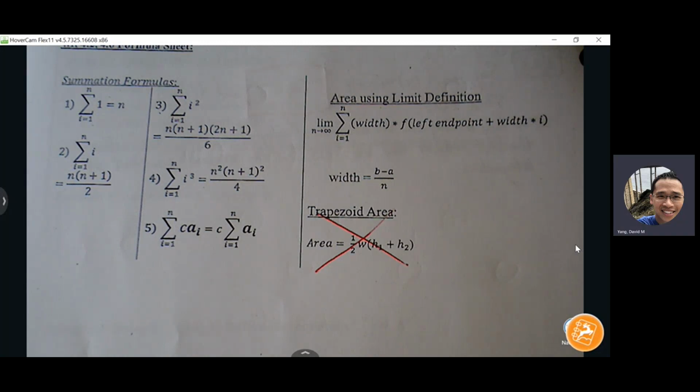So the width is b minus a over n. Your left endpoint is your a, and then your width is again b minus a over n times i. Okay, so go ahead and set up number 5 and go through your steps.